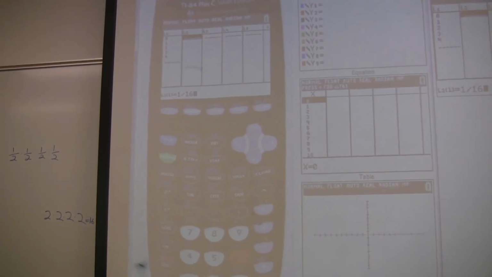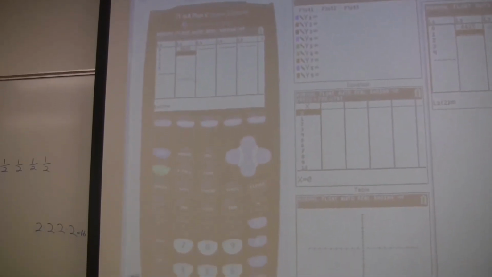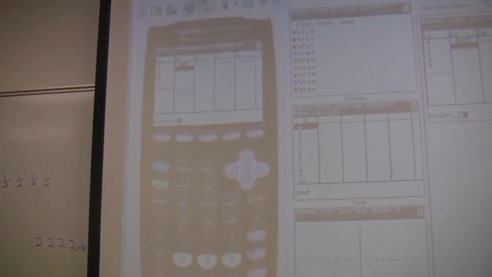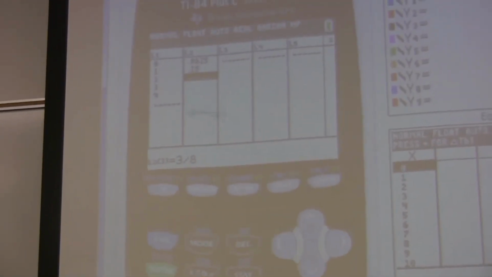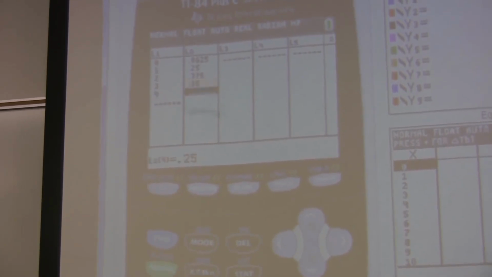But when I hit enter, it turns into a decimal, which is fine. My next one was 1/4. I'm going to cheat and put into a decimal right away because I know that one. The next one is 3/8. And then 1/4. And 1/16 again. So I have all those in there, list 1 and list 2.